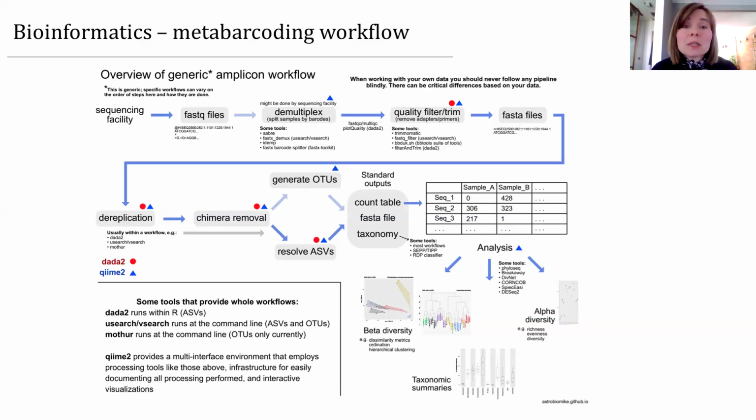This can be done based on sequence tags. Every sequence has a special label based on which you can identify which sample it comes from. It includes also quality filtering, removing all erroneous sequences, and of course, based on the comparison between the sequence and the reference database, you can assign it to the lowest possible taxonomic level.